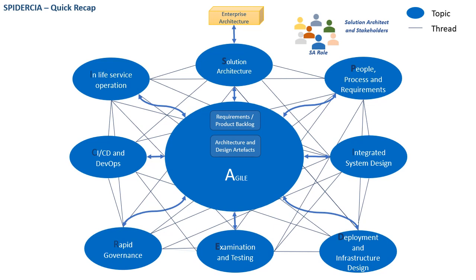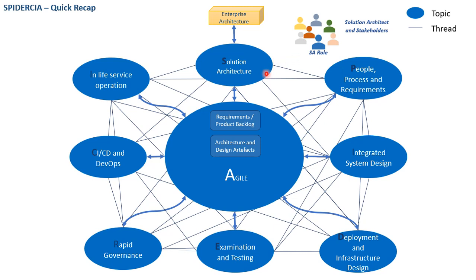So a bit of recap on the SPIDERCIA framework. As I outlined in previous videos, I think the first video covered this in more detail. SPIDERCIA contains a number of topics which break down the practice of solution architecture and the delivery of solution architecture. And we've covered these two topics in the last two videos.